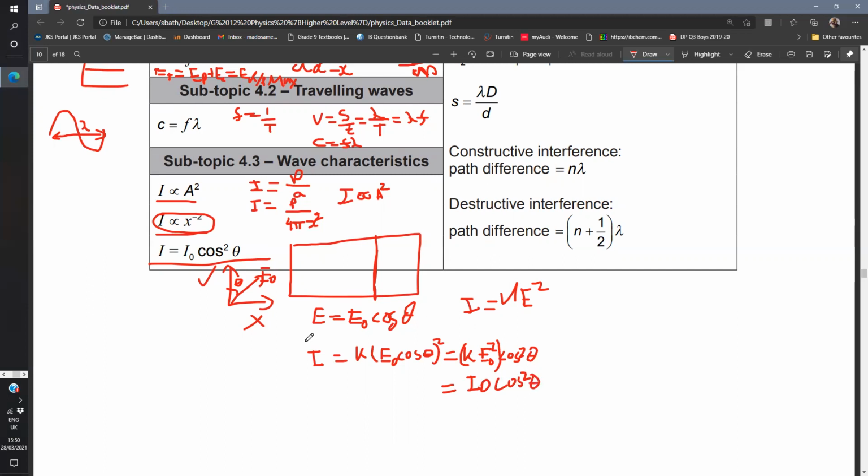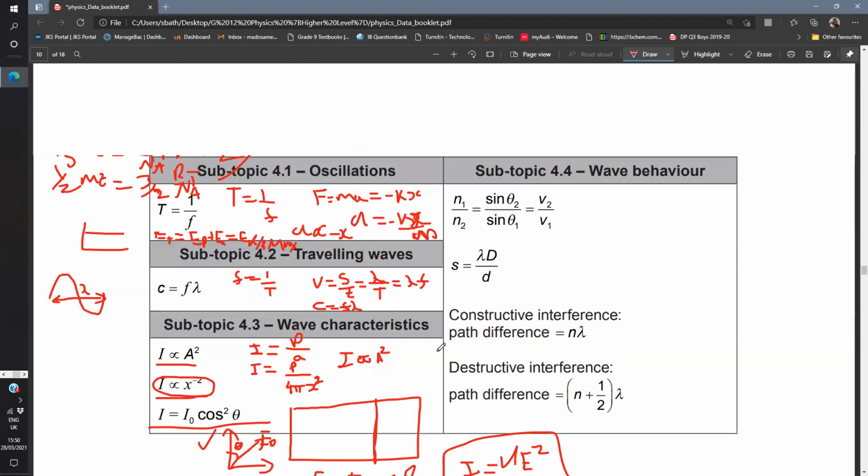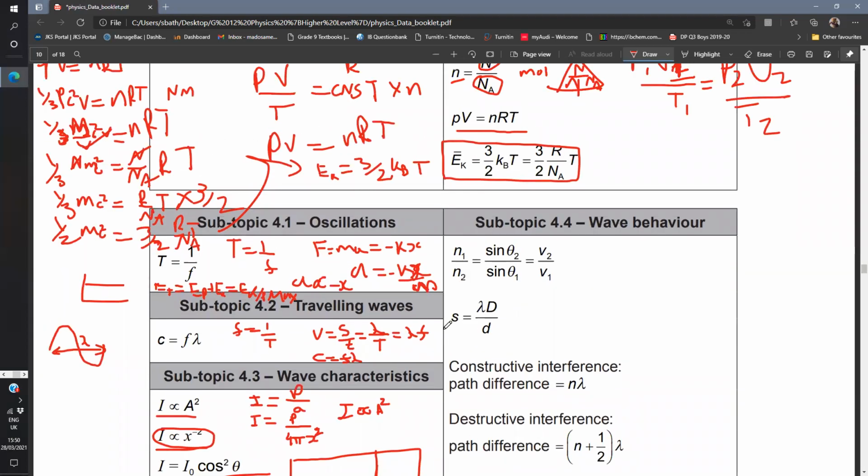The reason why I derive this is basically to show you the concept behind the formulas. This you have to memorize, of course. It's not different. So I is equal to K x to the power minus 2, or you can actually memorize it from here. It's pretty straightforward. And this moves us on to the second last concept in terms of waves. So now we're looking at wave behaviors. The formula here that's given is Snell's law.